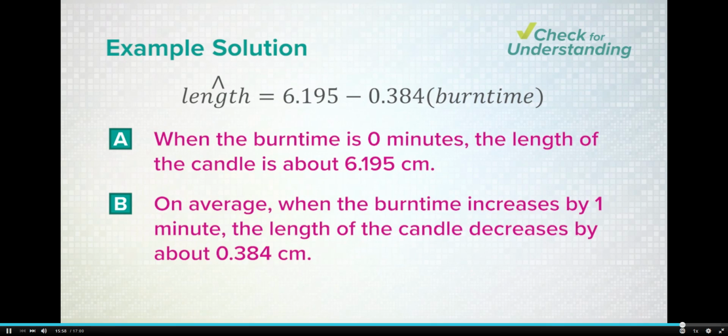One more time, let's look at the big picture rather than just structurally. This is saying, before I light my candle, it's probably about 6.195 centimeters long. And then after I light it, for every minute the candle burns, it loses about 0.384 centimeters in length. Pretty reasonable.